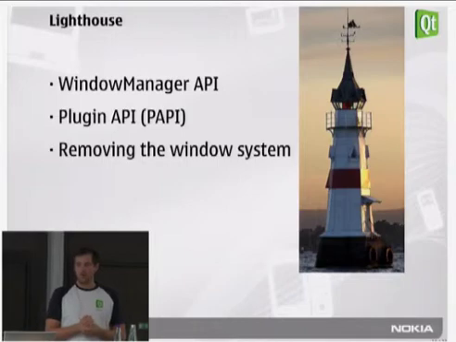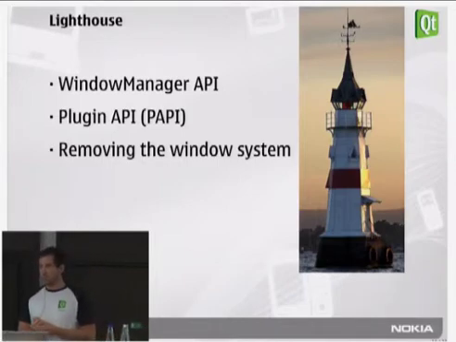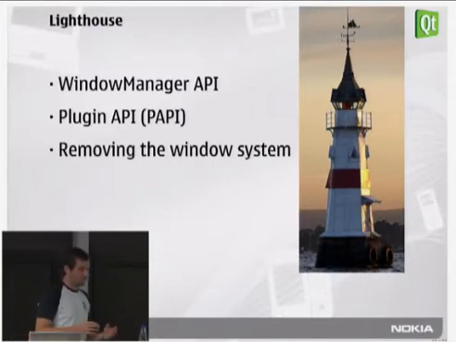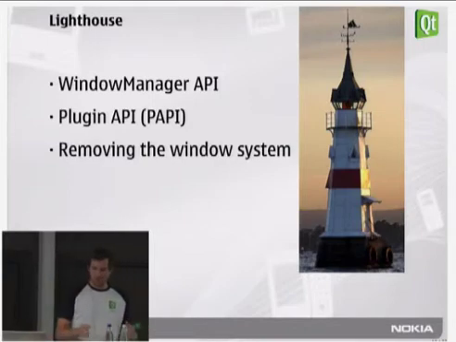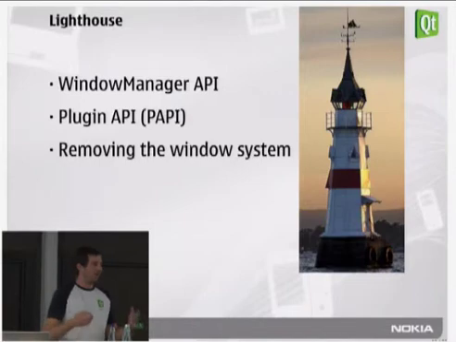Lighthouse, it's a window manager API. Paul and I are the main Lighthouse developers, and we happen to share an office as well. We often just describe Lighthouse as PAPI, plugin API.